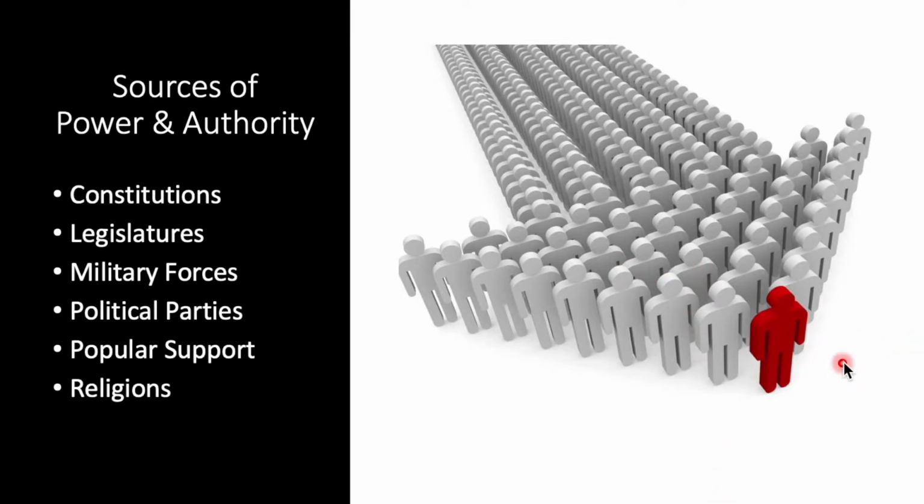Some of the most common sources of power and authority are constitutions, which are often referred to as formal social contracts between the regime and their people, agreeing to how they will be ruled. For example, what is the government allowed to do?